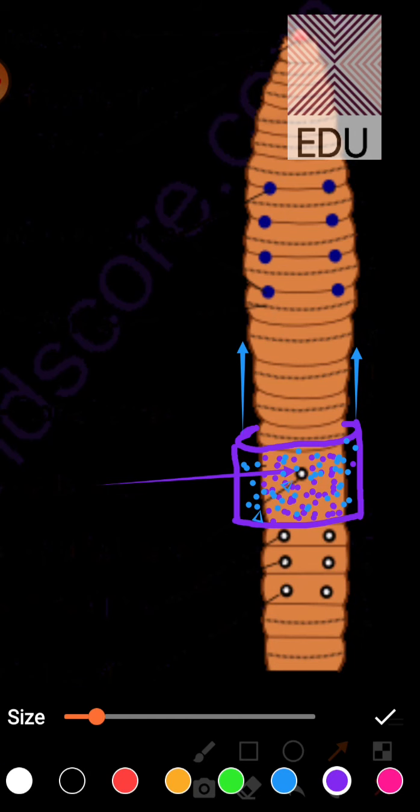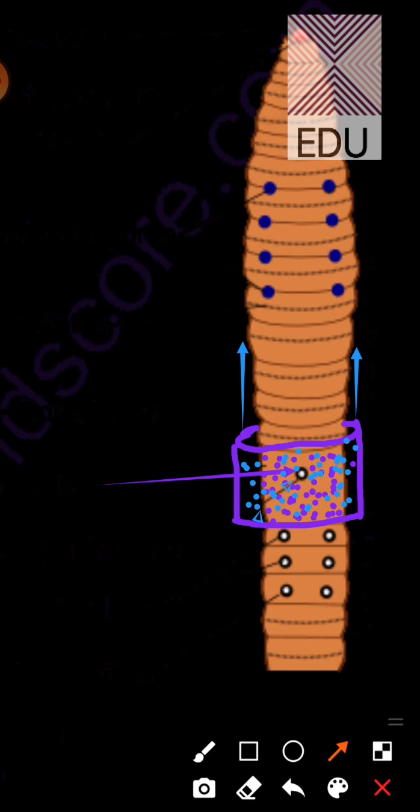Now I'll try to redraw this layer. Suppose this layer is now coming onto this position. Now it has come near the spermathecae.